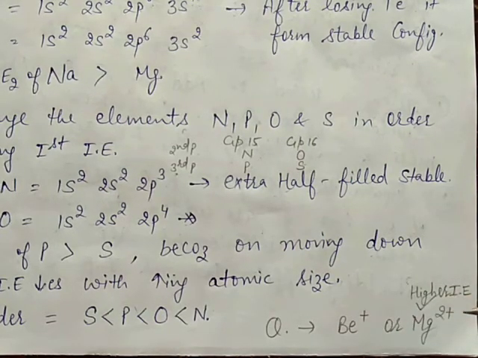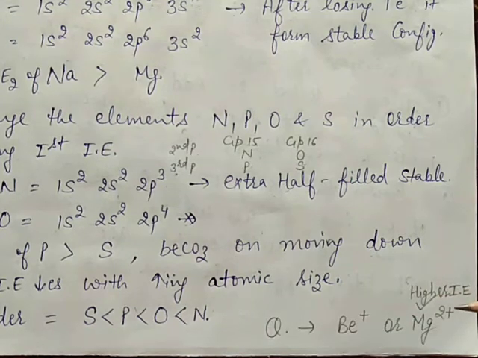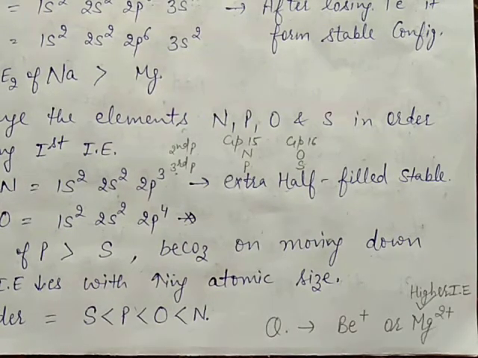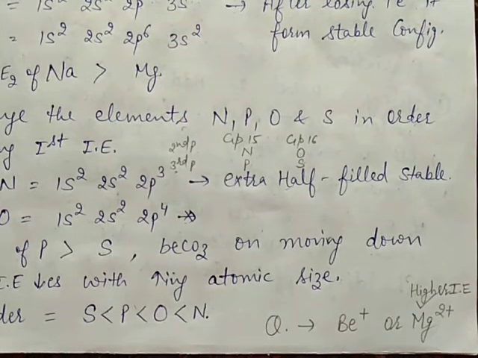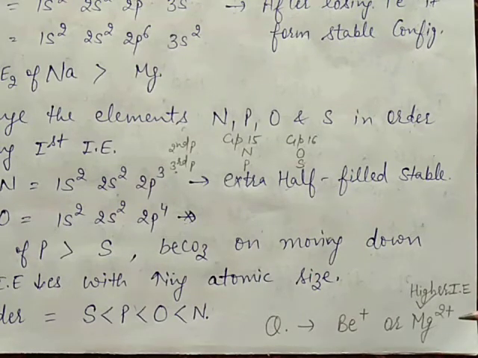But in the case of magnesium, its configuration is 1s2 2s2 2p6 3s2, but with a 2+ charge there, 2 electrons are removed, so its configuration becomes the stable 1s2 2s2 2p6, so it becomes more stable.